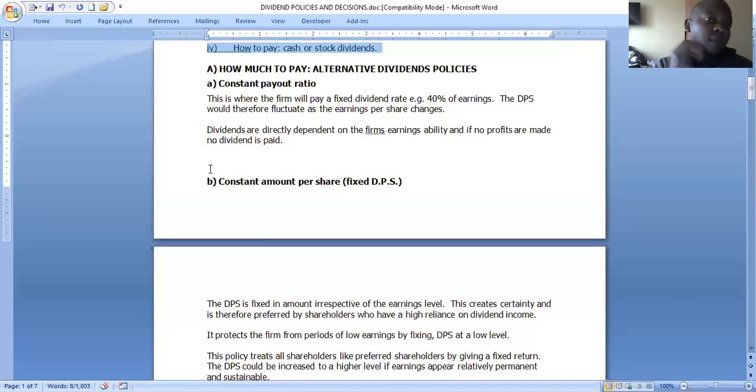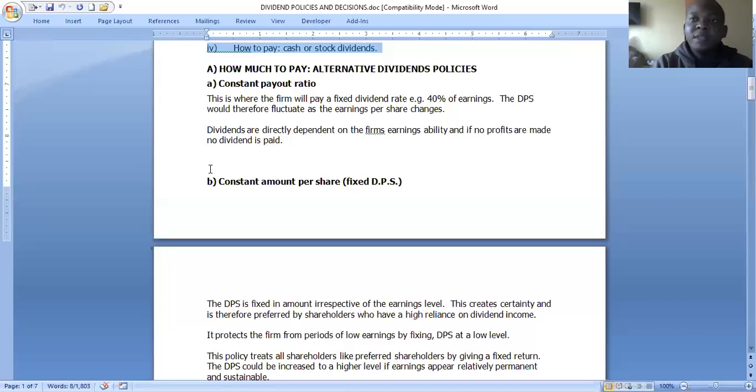Again, the dividend per share under this policy will be dependent on the profit that the business has generated. So if the business has generated high profits, the shareholders will get more dividends, and if the business has generated less profits, the shareholders will get less dividends. Take for instance, in our case, a 40% dividend payout ratio.